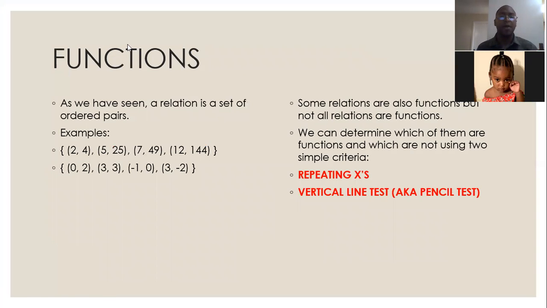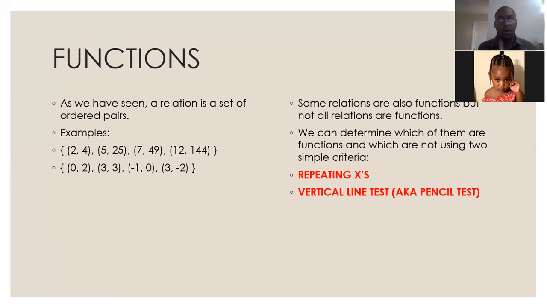So we define a relation as a set of ordered pairs. That's a relation. And when it says tell if the relation is a function, it's asking: is that a function? Now, some relations are functions, and some of them are not.